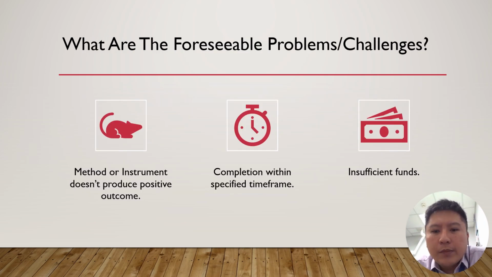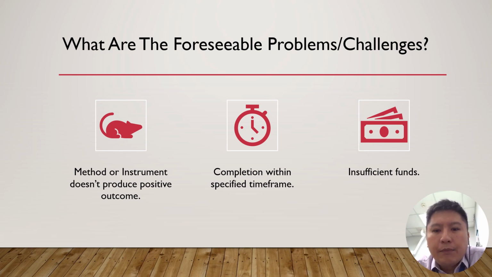There are three foreseeable problems and challenges that we might face in this research project. The first, there is a possibility that the method or instruments may not produce the positive outcomes. Second, there is a possibility that this test might not be able to be completed within the specific time frame.